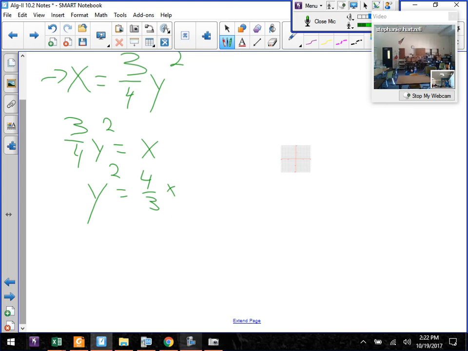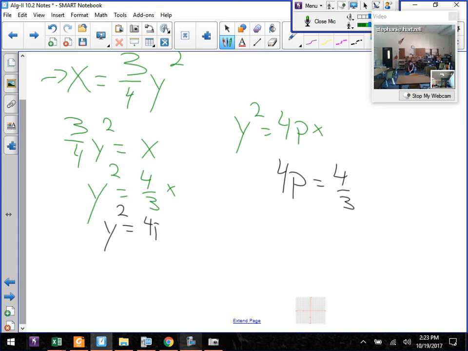Because all of our generic formulas have it as y squared equals 4px. So now, what do I set equal to 4p? 4/3. I have to set 4/3 equal to it. Remember, there is a generic multiplier here.